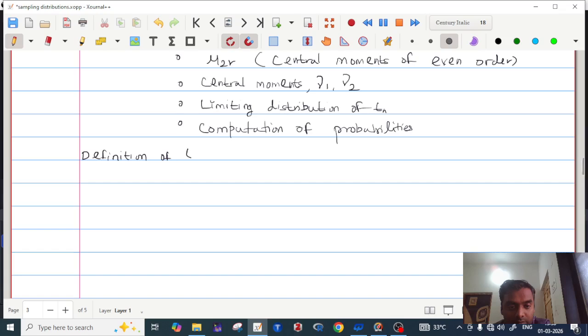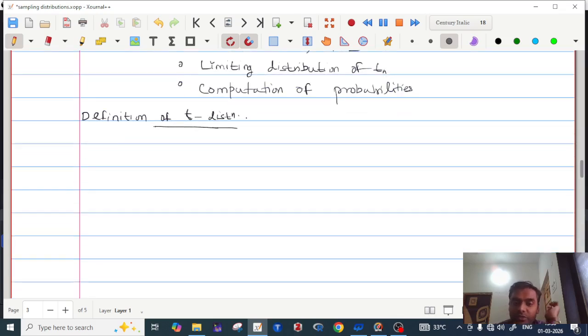How do we define the t distribution? Suppose we have two independent random variables.